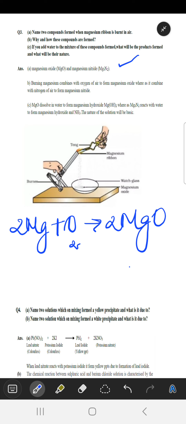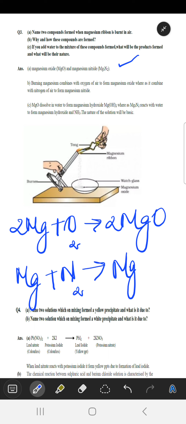Similarly, magnesium reacts with nitrogen and we get magnesium nitride. So these are the two chemical reactions that take place when magnesium is burned in the presence of oxygen.